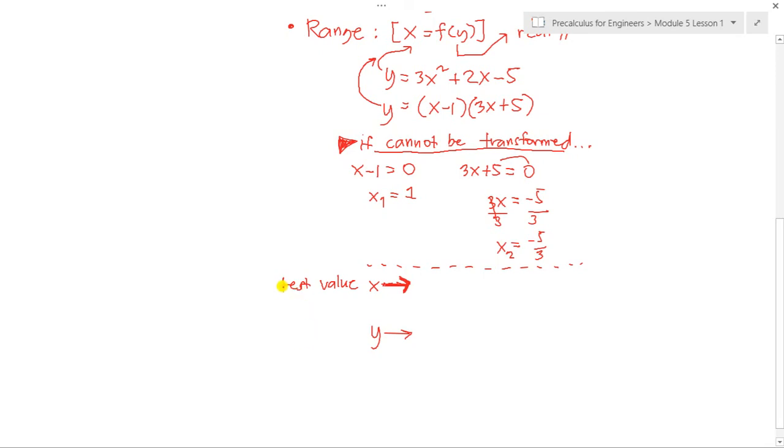So x would be our test value, but we base our answer from our y. In testing, what are our inputs for x? We start with a negative number. After negative, class, comes 0. After 0 comes positive. We only have three test values, class. Got it?